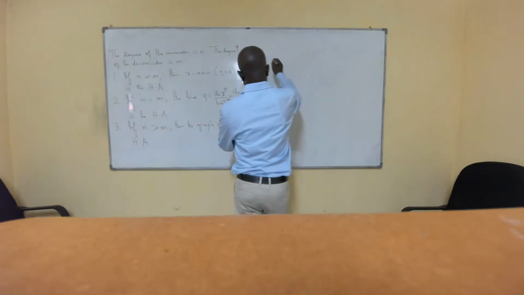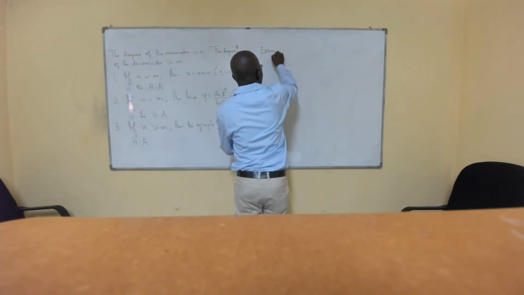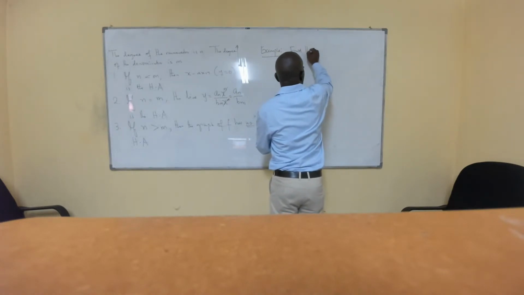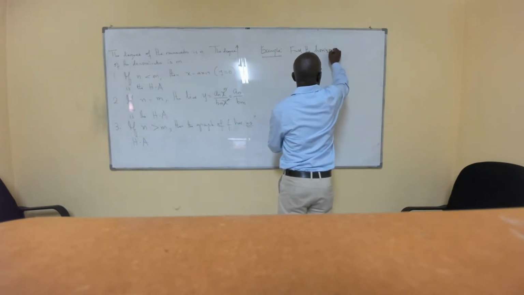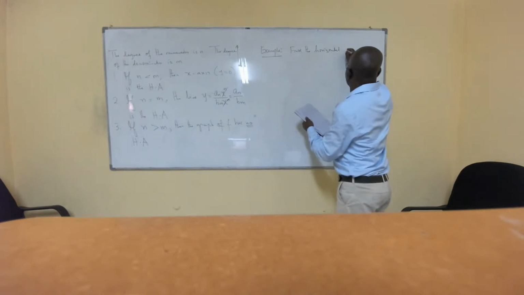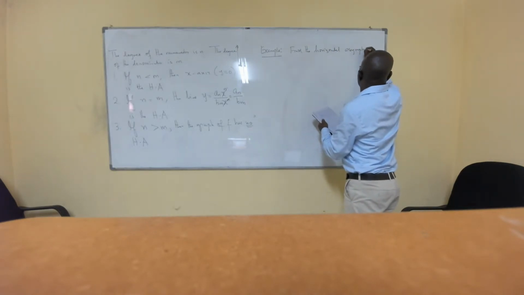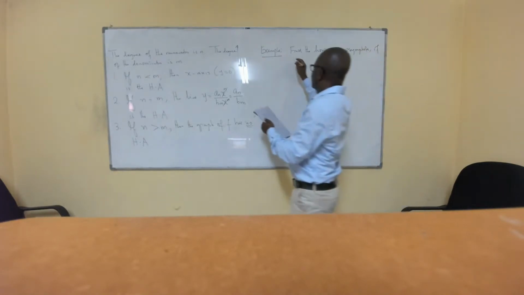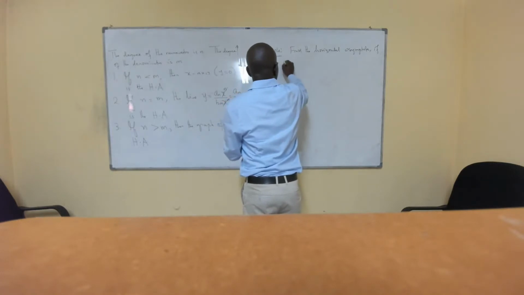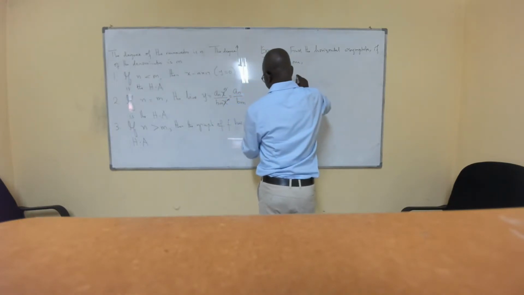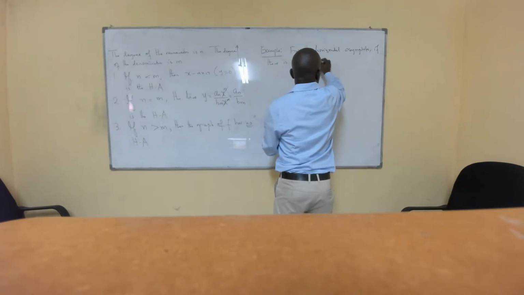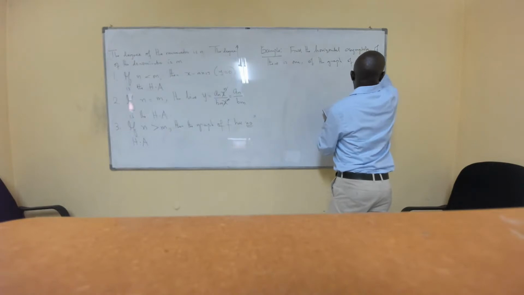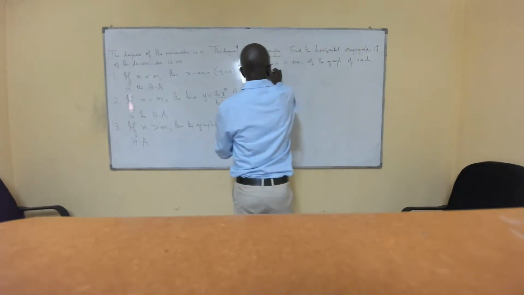Example: find the horizontal asymptote, if there is one, of the graph of each rational function.